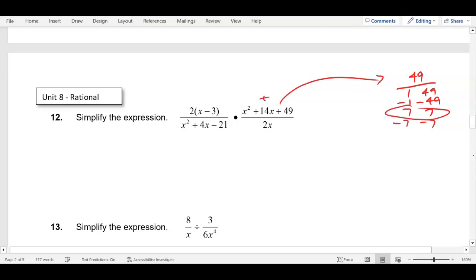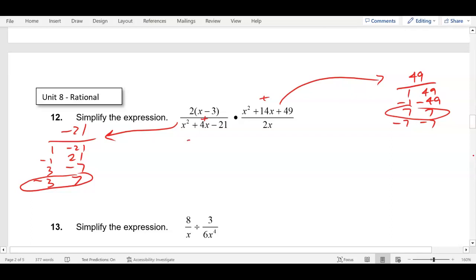Well, it's going to be 7 and 7. And then for this one, for negative 21, you got 1 times negative 21, negative 1 times 21, 3 times negative 7, negative 3 times 7. Which one of these adds up to make positive 4? It's going to be this one.